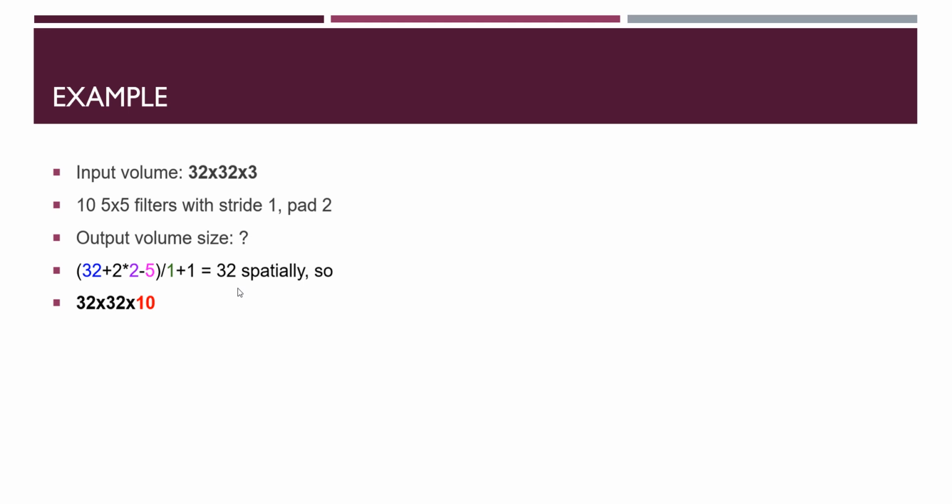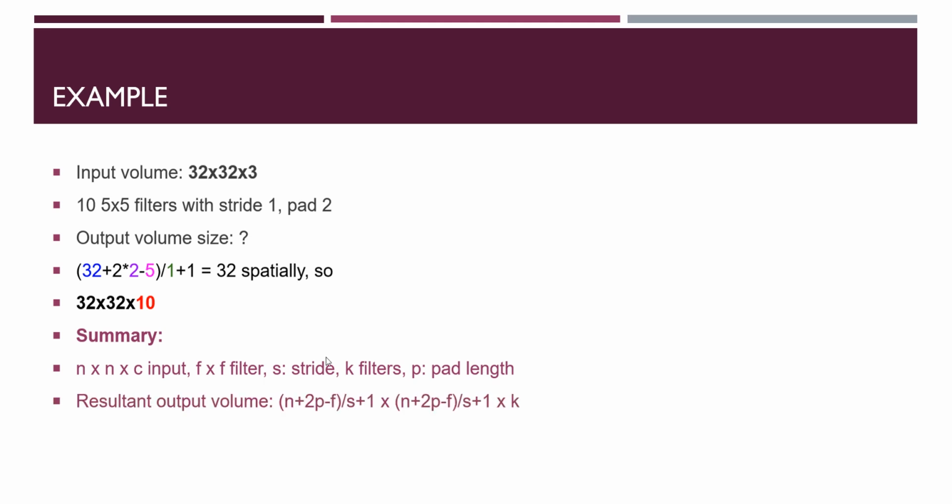So if we have to coin a general formula for this, if I have an n by n by c input, where n is the size of the input and c is the number of channels in the input, and if I have an f by f filter, s is my stride, k is the number of filters, and p is the pad length, then the general formula for finding the output dimensions would be n plus 2 times p, the pad length, minus f, the whole divided by s, plus 1.